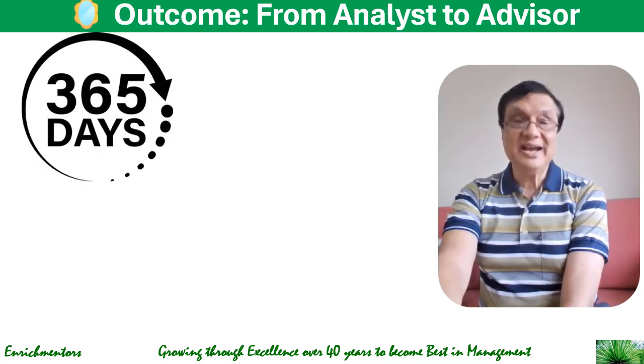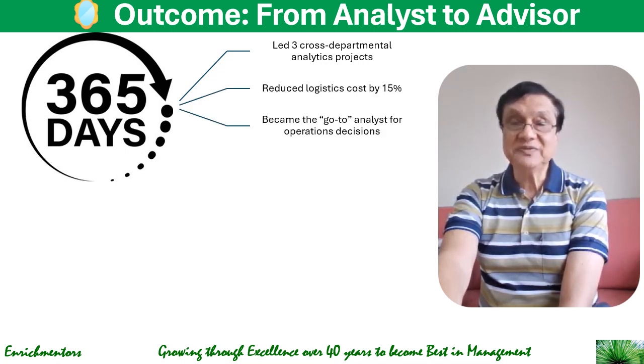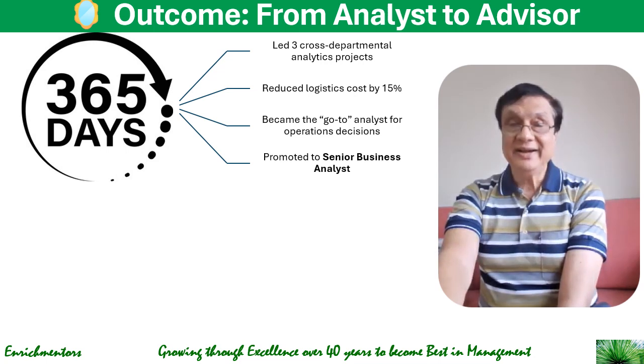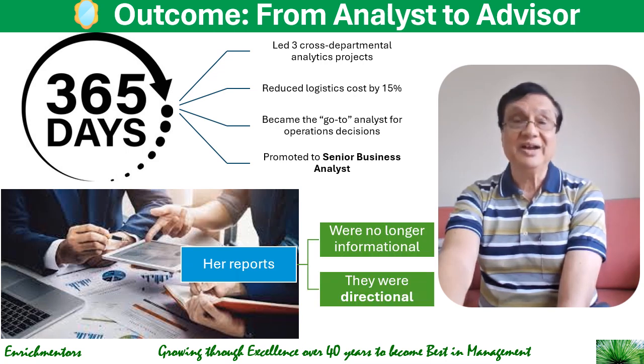Within a year's time, 365 days, Sarah led three cross-departmental analytics projects, reduced logistics cost by 15%, became the go-to analyst for operations decisions, and was promoted to senior business analyst. Rapid, fast progress, isn't it? Her reports were no longer informational, they were directional. So that was the outcome.